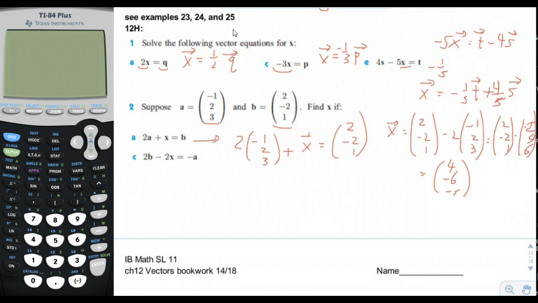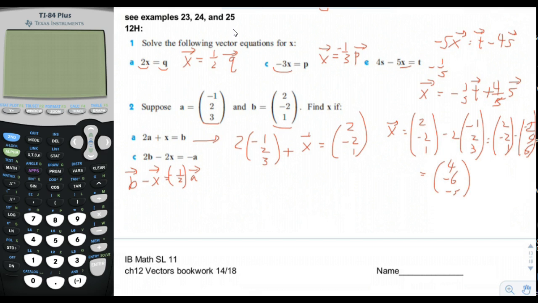Maybe we could do the algebra first. We can multiply everything by 1/2, and then we'll get vector b minus vector x is equal to 1/2 times vector a.